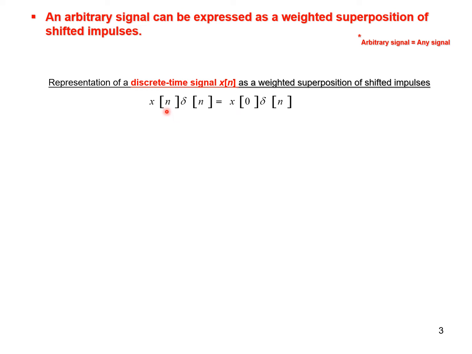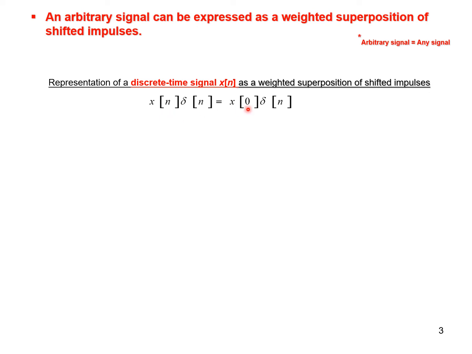Whatever value this signal had at the origin, that is the amplitude of the resulting impulse function. This is an important property. That is, you're converting a long duration sequence into a single sample sequence at the origin.